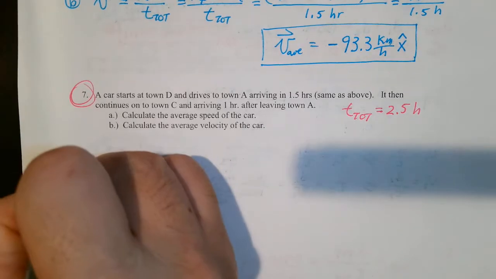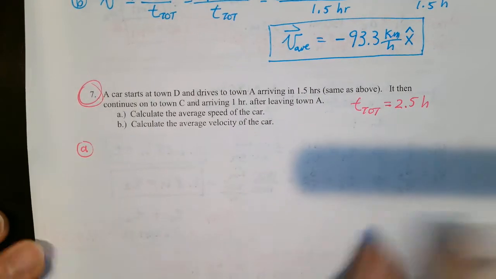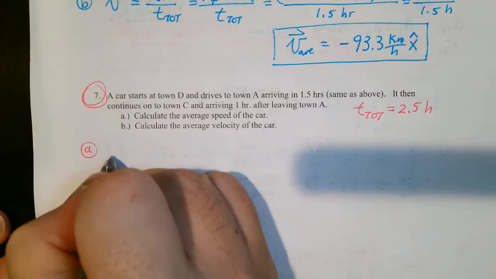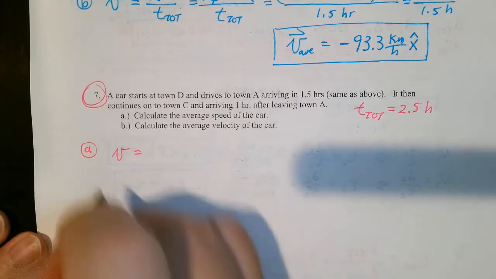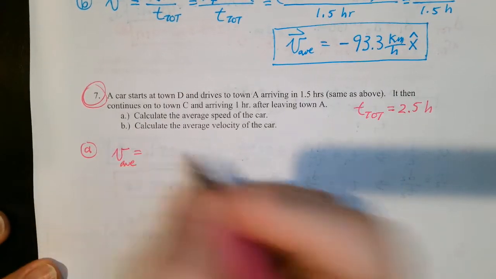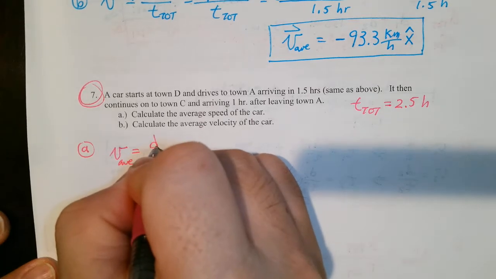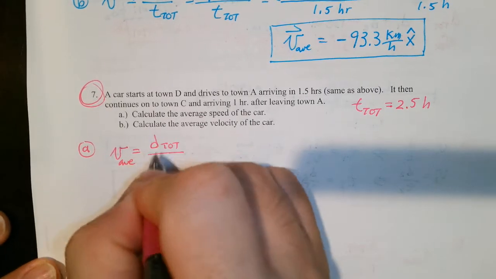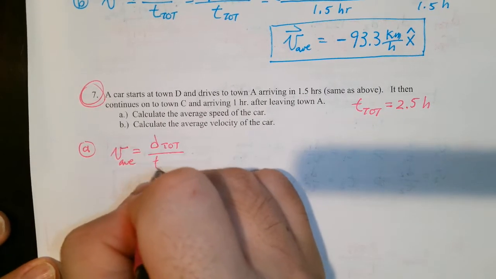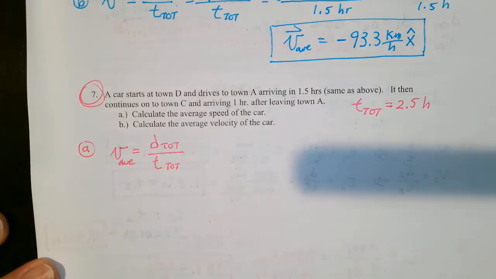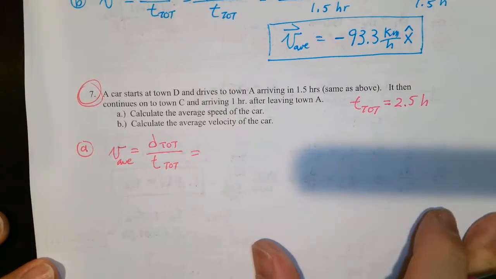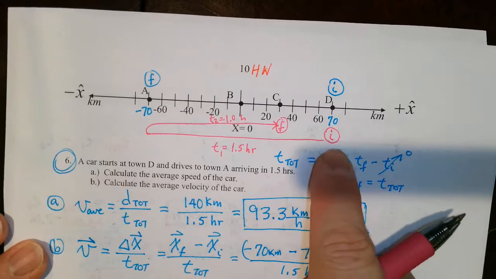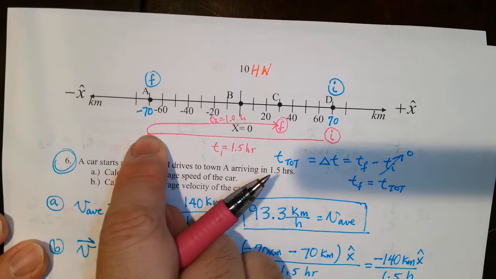So for part A, let's calculate the average speed. Average speed is equal to total distance divided by total time. The total distance traveled from here to here is 140.